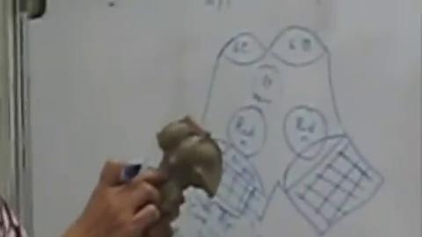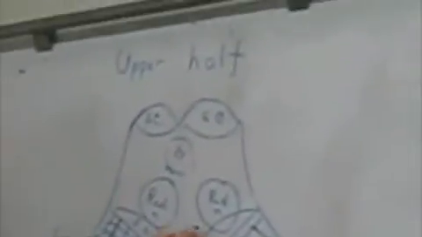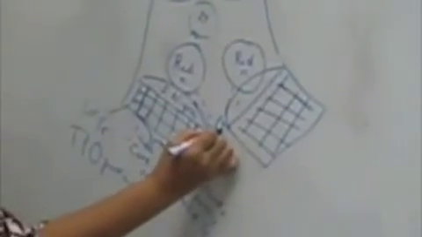Interpeduncular fossa. Diyan, ano lumalabas doon? Ano lumalabas na cranial nerve? Oculomotor. Kaya, makikita mo dito, may nag-e-exit na nerve. So, once may nakita ka nerve na nag-e-exit, oculomotor yon, therefore, superior colliculus.